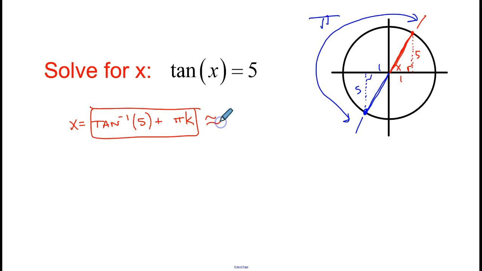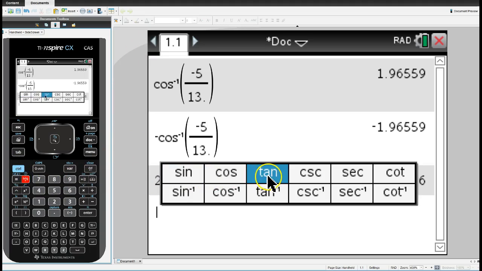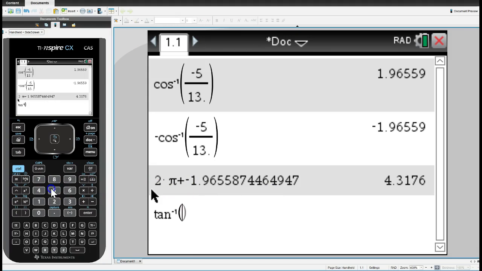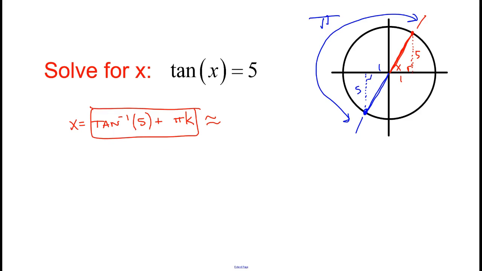Now let's get an approximate value. We have to find anything between 0 and 2 pi that satisfies this equation, so we should come up with two decimal approximations here. Let's do the inverse tangent of 5, as a decimal approximation. We get 1.3734.